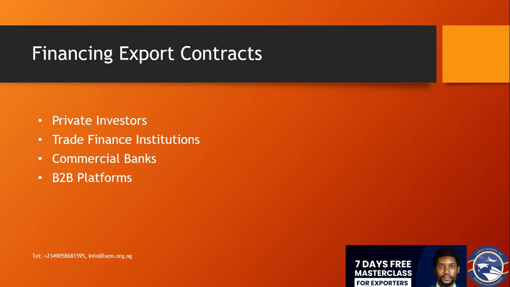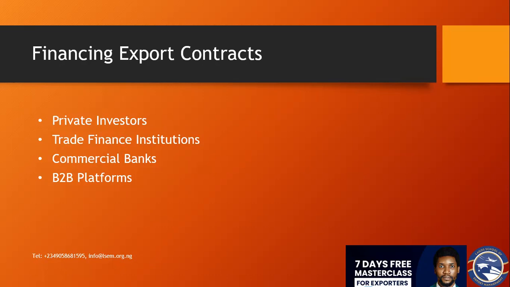You can go through that route by showing them the export contract, letting them see the commercial invoice and all the documents pertaining to the trade happening. And you can promise them a return on their investment. Like, after I complete this contract, this is what I'll give you as interest on the money you've been able to raise for us to make this happen.